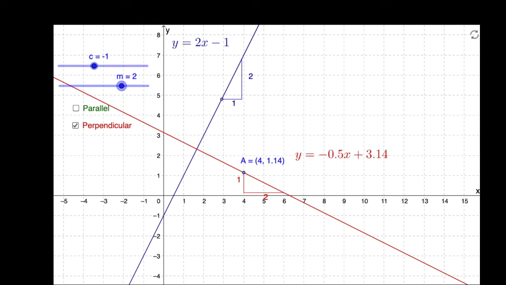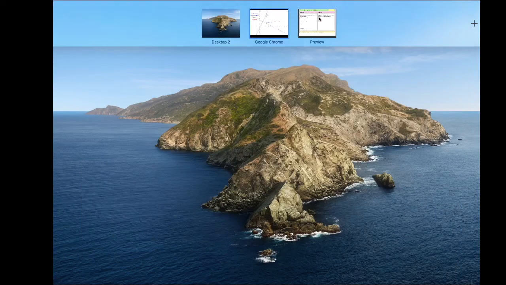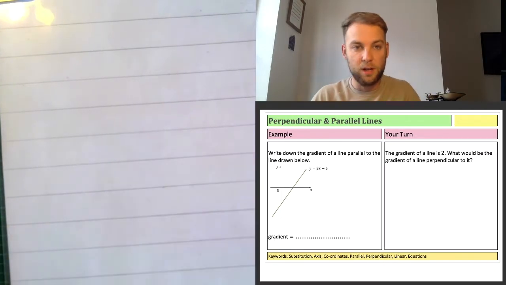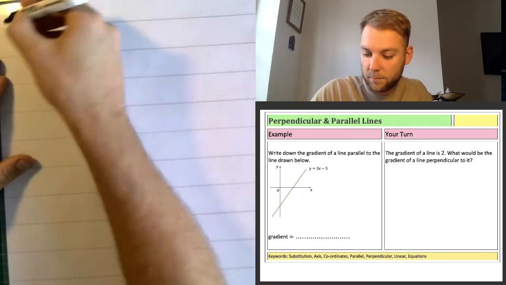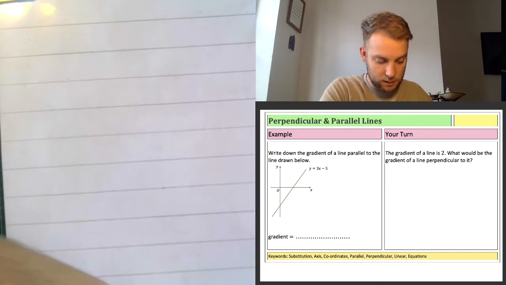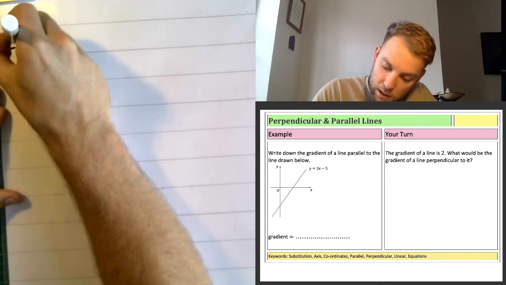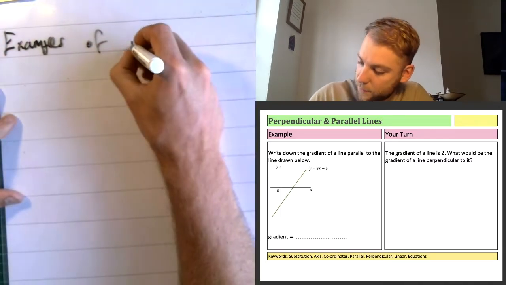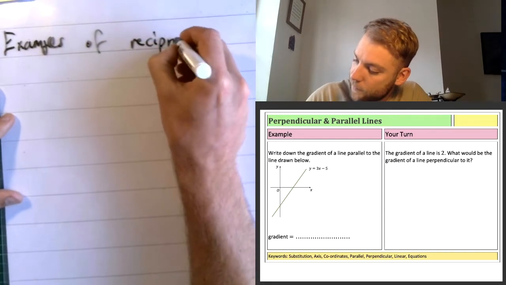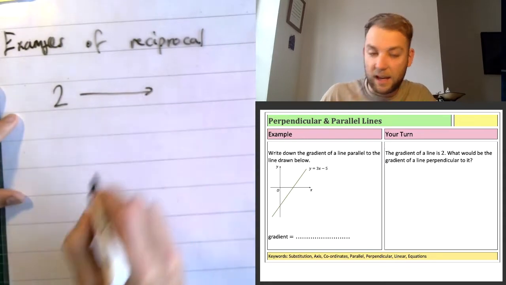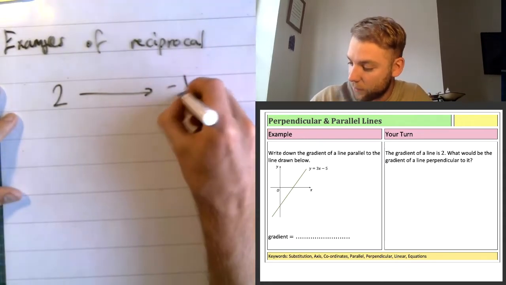So it might be worth getting some of these examples down. So maybe saying examples of reciprocal. So if it's going to be 2, then the reciprocal of that is negative 1 over 2.